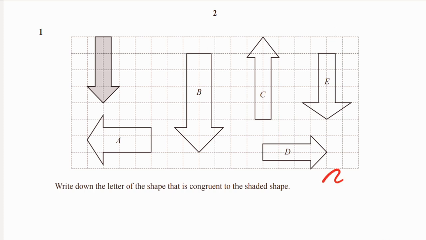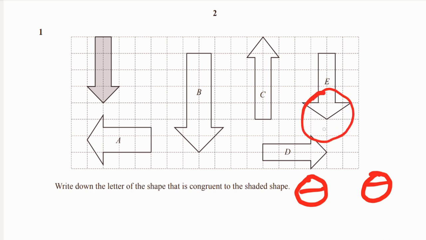For example, I have a circle and I have another circle. Suppose both circles have the same diameter, so they are said to be congruent. And I have another circle, but this circle has a different diameter.